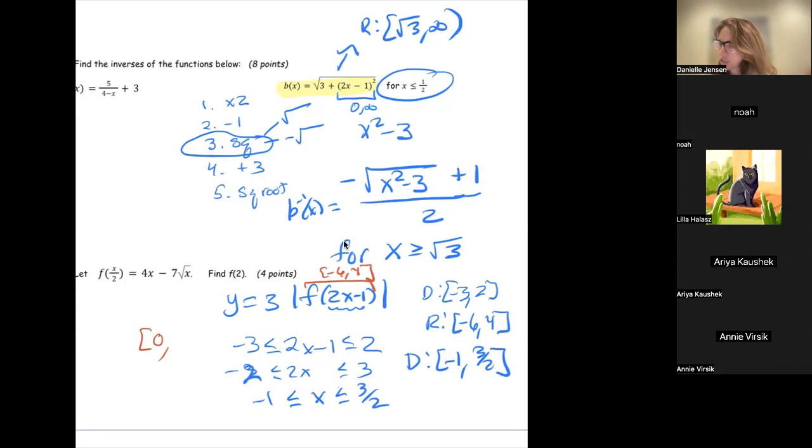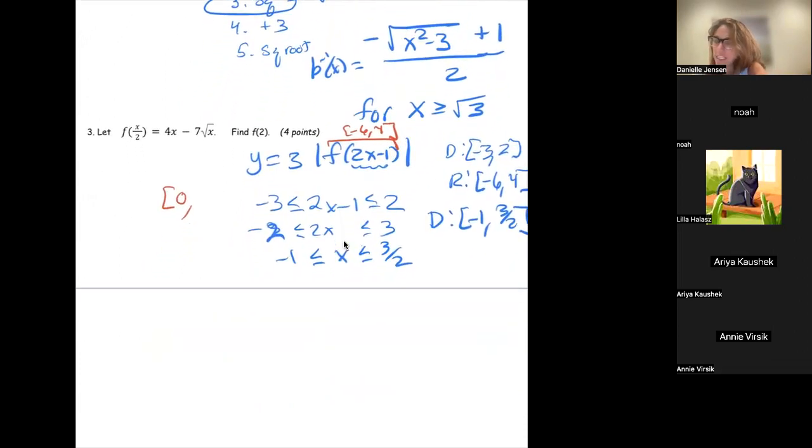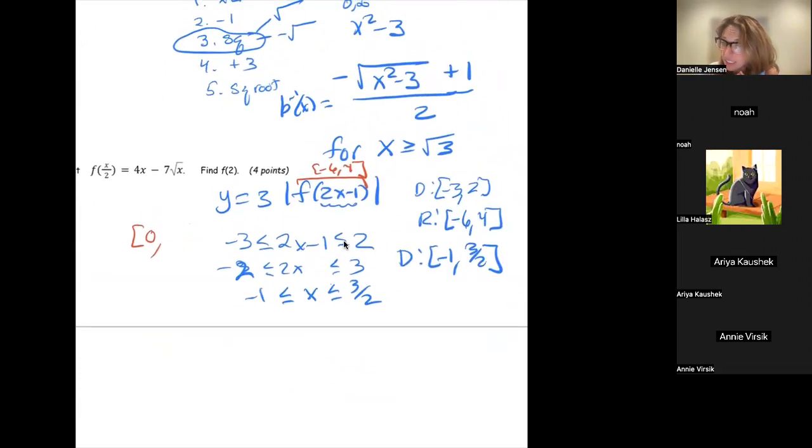Well, don't multiply by 3 yet. Let's just do the absolute value between -6 and 4. The low would be 0 there. What would be the high now? 6, right?